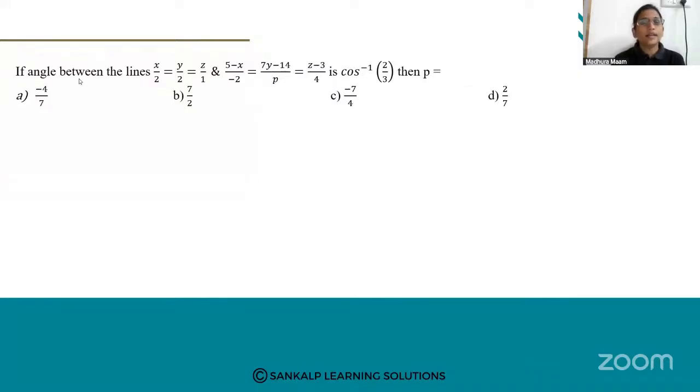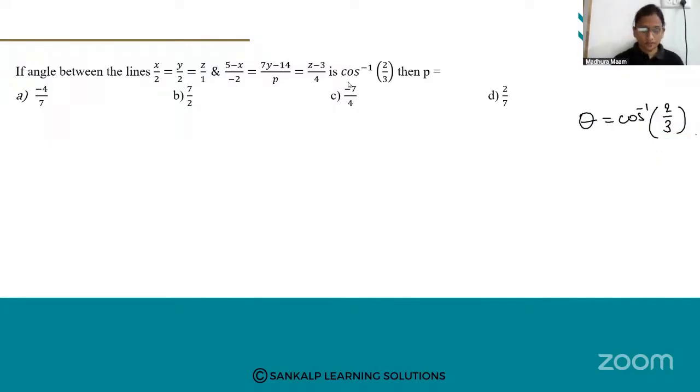Okay, now, here it is kind of similar to the previous one, but a little different. There the dot product was 0, because the angle was 90 degrees, but here the angle is given as cos inverse 2 by 3. They are asking what the value of p is.